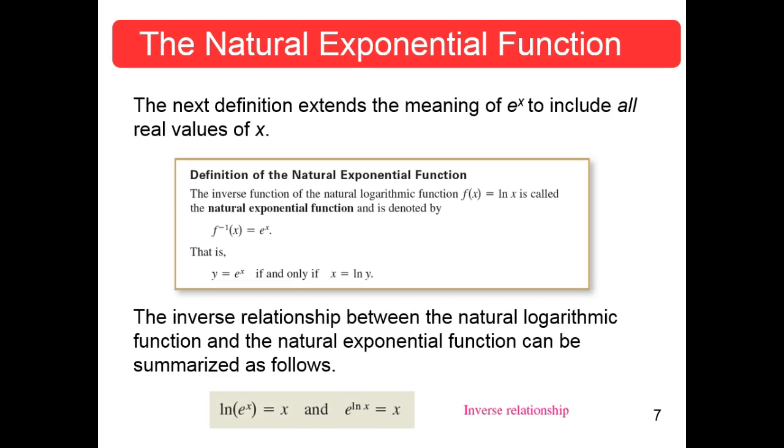So this one we know has to be true. That one, because they're inverse functions, it also has to be true. Later, we will be using both of these to solve pretty complicated equations, because you can undo a log with an exponential and undo an exponential with a log.